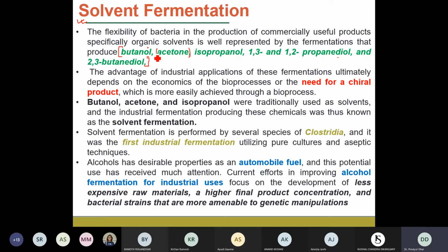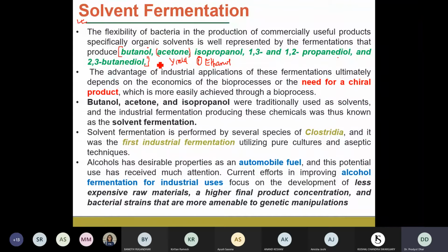Earlier they were produced through chemical processes, but with the improvement in the yield, quality and purity of the biological routes, the production of these chemicals has shifted to biological routes. One of the main ones is ethanol production, which we are obviously going to study in detail.